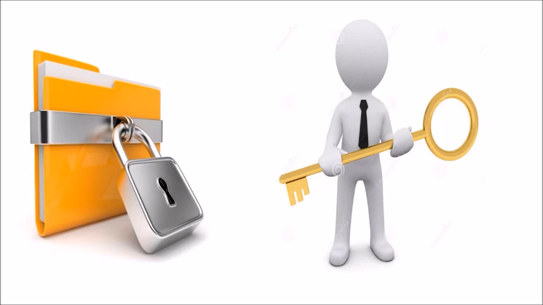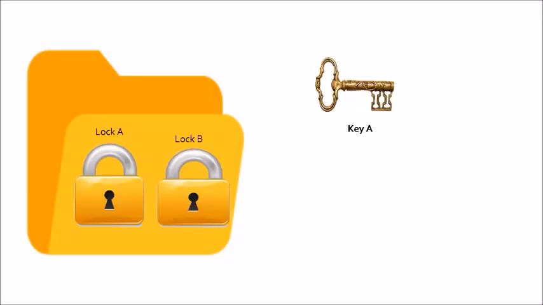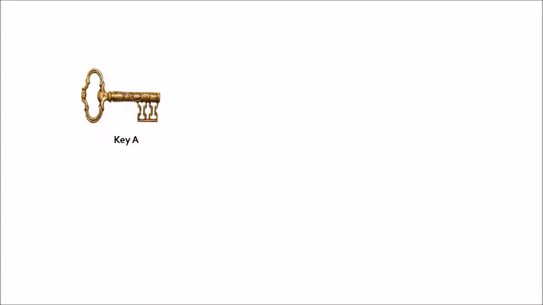In this analogy, PGP is a box with not one but two locks, not one key but two keys. Each key fits only one of the locks. So key A will fit lock A, and key B will fit lock B.